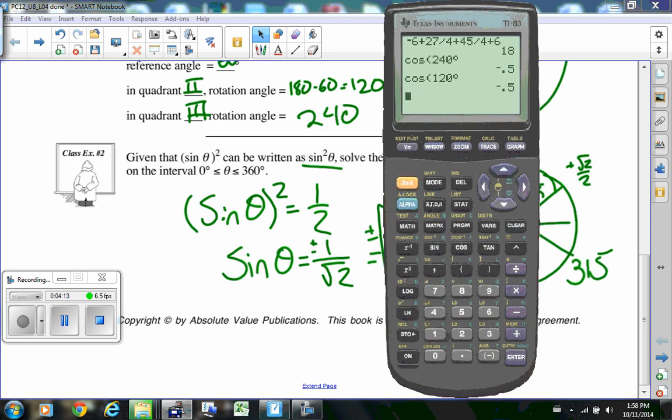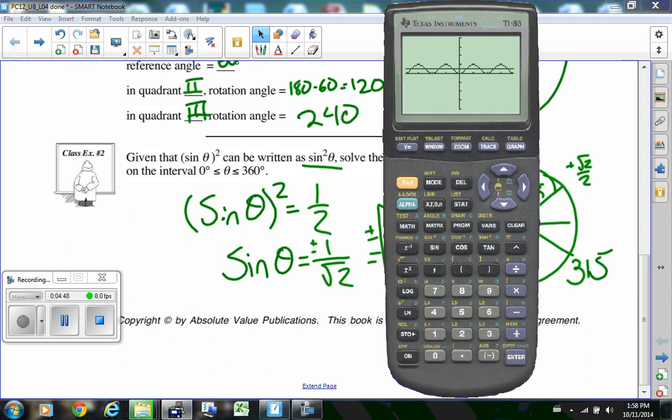Now we could also graph this. This is one of my favorites. So I would like sine of x squared. I've actually got a couple extra brackets in here that are unnecessary, so let's weed those out. Sine of x all squared, and then 0.5. Now we can graph it, and I'm going to use Zoom Trig to help me get my graph right.